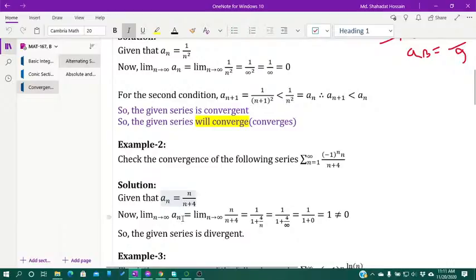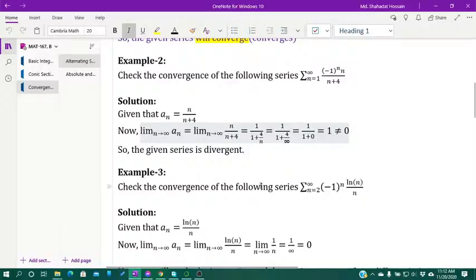That means at first we should determine the limiting value of an, and if we see that n tends to infinity, n by n plus 4, it is 1 by 1 plus 4 by n, so it would be 1 by 1 plus 4 by infinity, that is 1. So this is not equal to 0. So this series is divergent because the first condition is not satisfied.